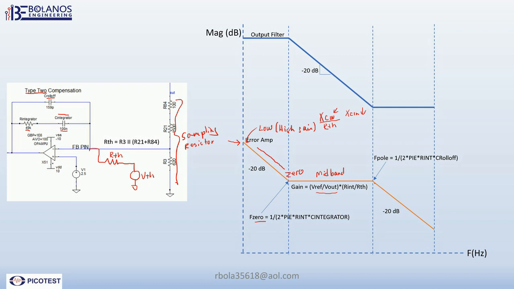It remains flat until you come to this downward deflection. When you have that, you have a pole, and here is the formula to calculate that pole. If you notice, the slope at this interval is -20, and the slope here is also -20.